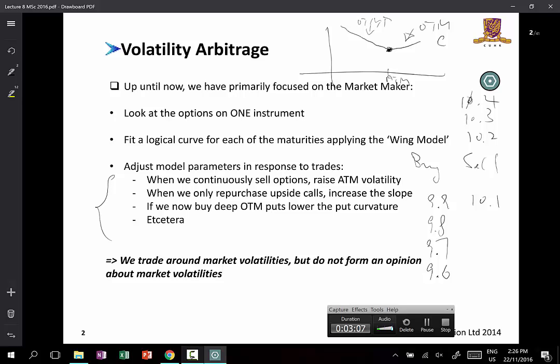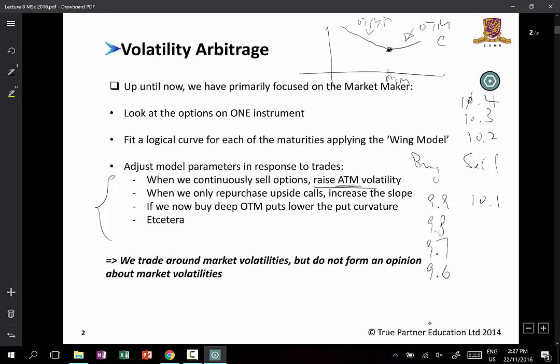So if you are going to sell, you would want to raise the volatility yourself, regardless of what the market might be doing. And if you're going to purchase, if you want me to buy, then, well, it depends on what you're buying.